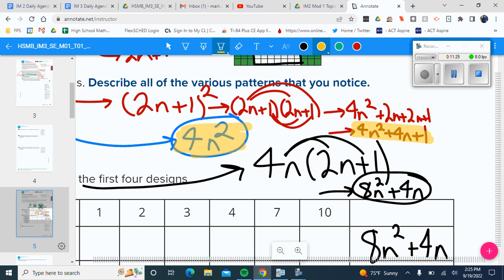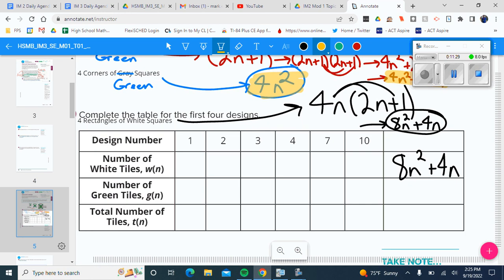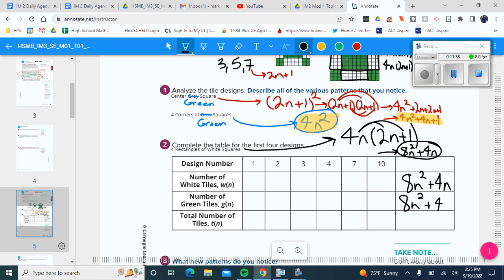So 4n squared plus 4n plus 1 plus 4n squared is 8n squared plus 4n plus 1. So again, I'll highlight this. These two amounts, and again, this is green. I apologize for the typo for gray. It is for green. That went right here. This pattern for the four rectangles of white was right there.